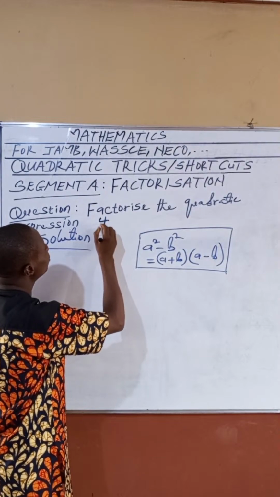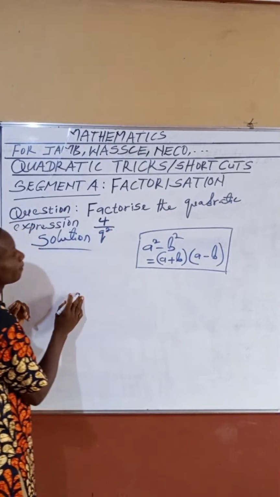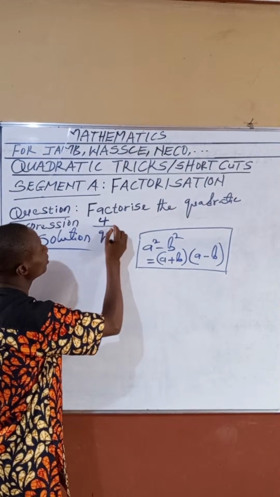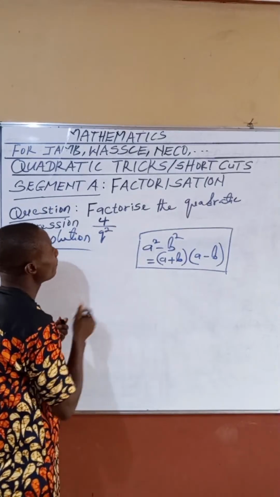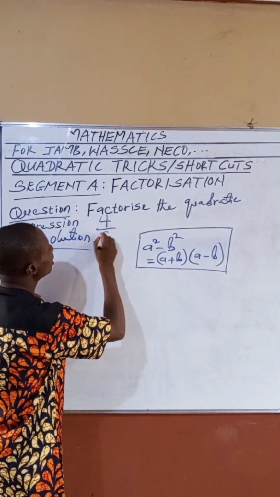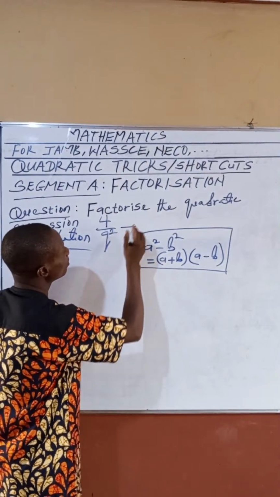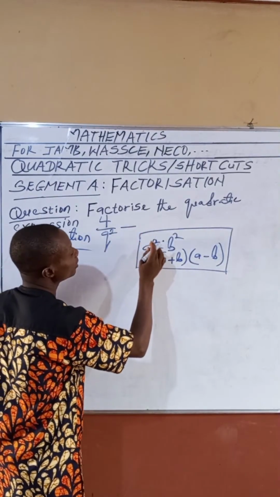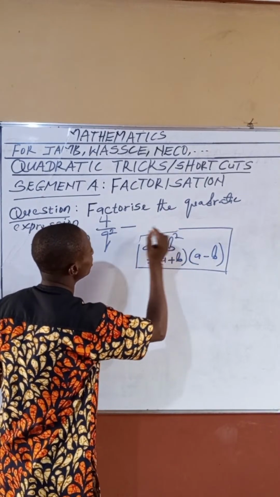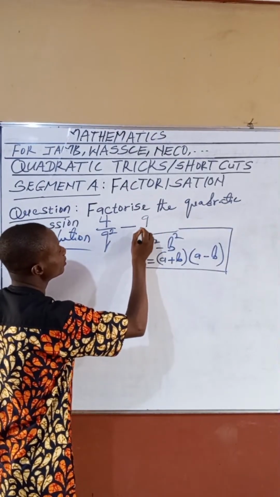You have 4 over q squared. You see it? 4 over, okay, let me write it well. 4 over q squared. Sorry, this is 4 over q squared minus 9.